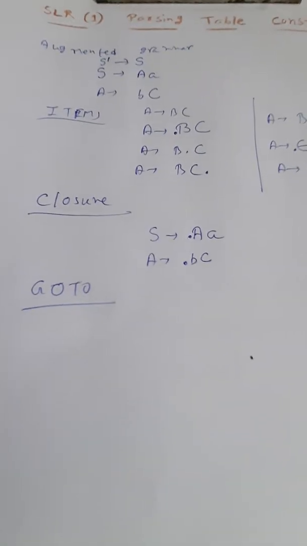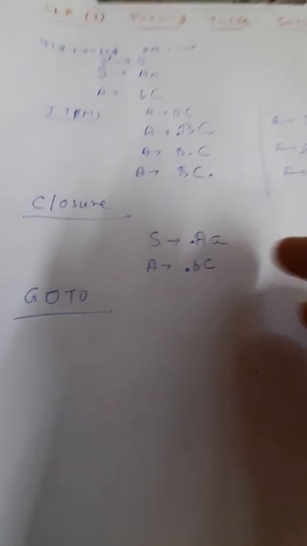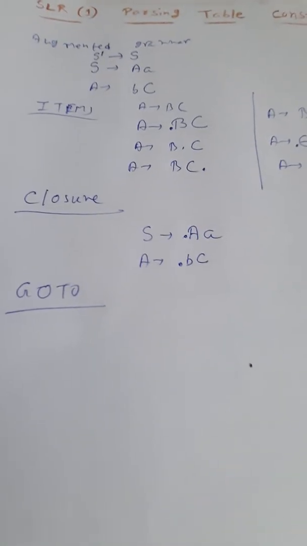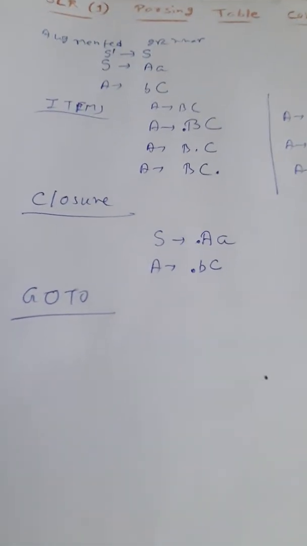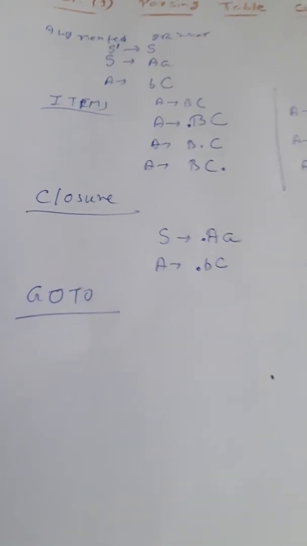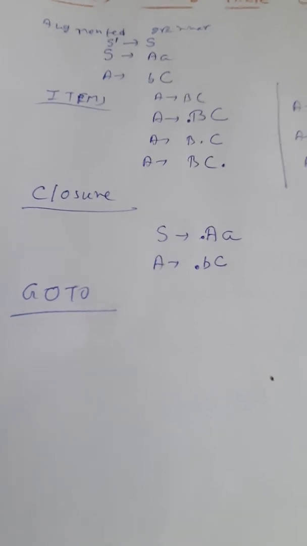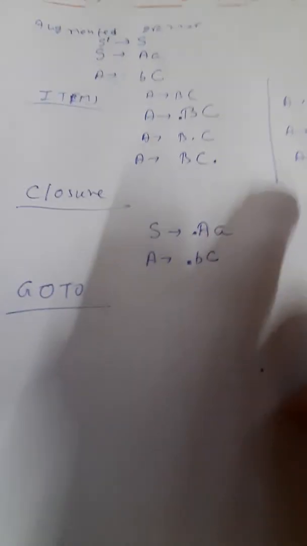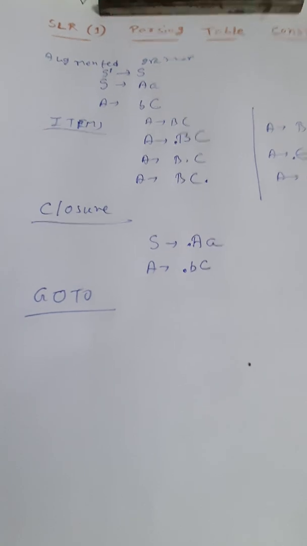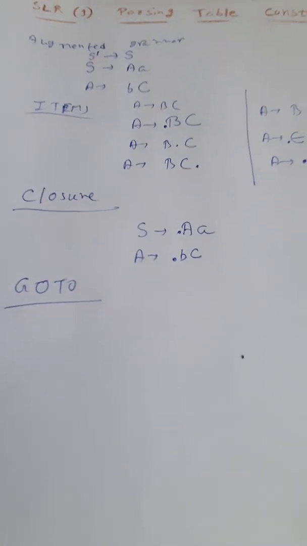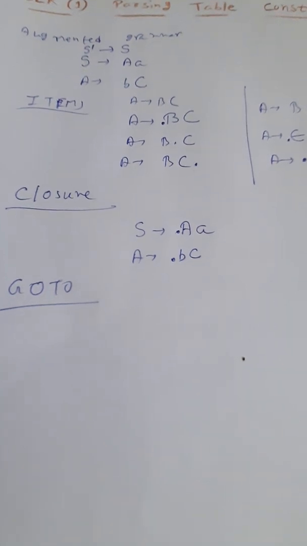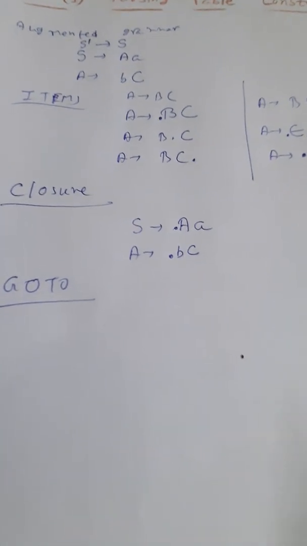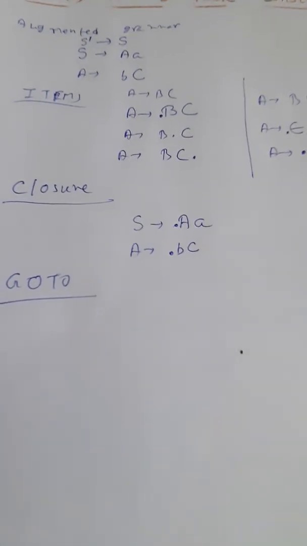For finding goto, just in closure what I have told, for finding closure you will be given one rule. Now in goto, one set of items would be there, and one symbol would be there.